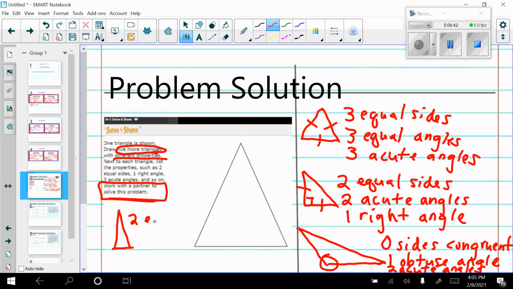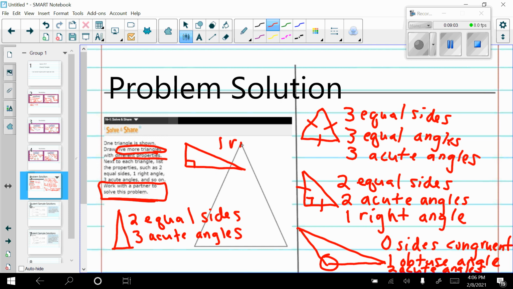It has 2 equal sides, and it has 3 acute angles. Okay, now let's do another one. Has 1 right angle and 0 congruent sides. 1, 2, 3, 4, 5.